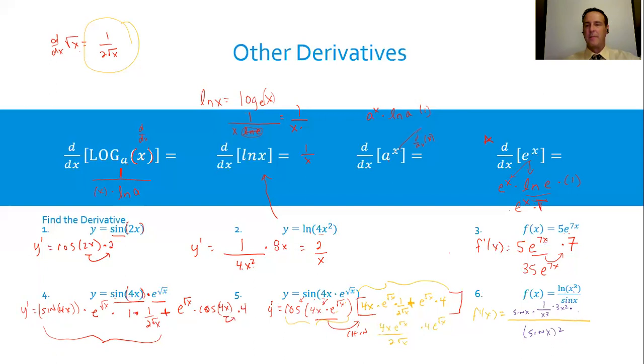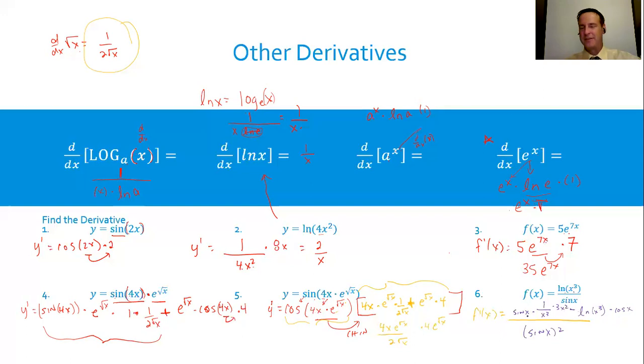Minus, so low times derivative of the high minus high times derivative of the low. And the derivative of sine is cosine. Really fit that in. On top, there's not a whole lot you can do.